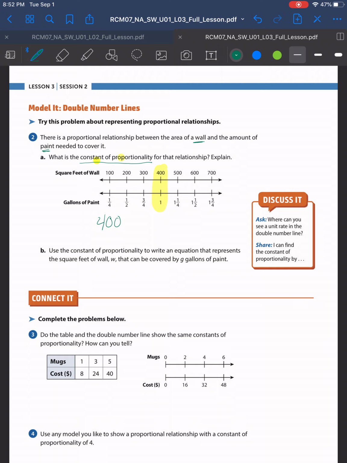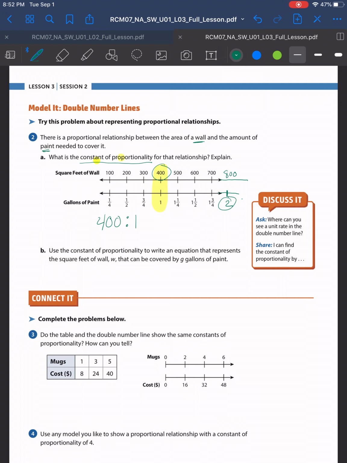Okay? What that means is now I can take the unit rate, which is 400 to 1, and I can go solve for any of these problems. So for example, what if the next thing on my number line said 2? 2 gallons of paint would be how much? Well, I know 1 gallon is 400, so wouldn't the next one be 800? And you can solve that by taking 400 times 2.